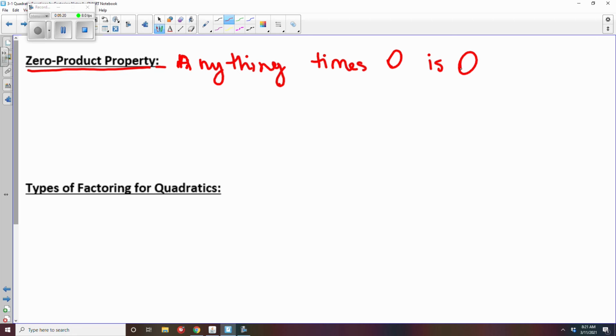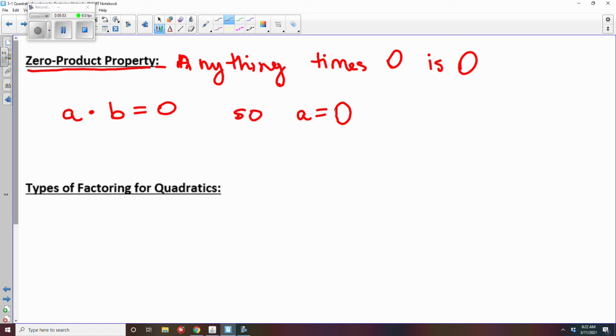Now, we can apply that to setting things equal to 0 too. So for example, if I have A times B equals 0, then what could A possibly be? A could possibly be equal to 0. But what else could also be equal to 0 to make it equal 0?